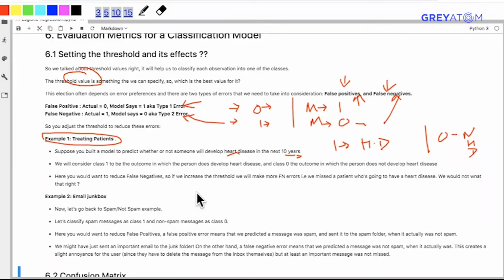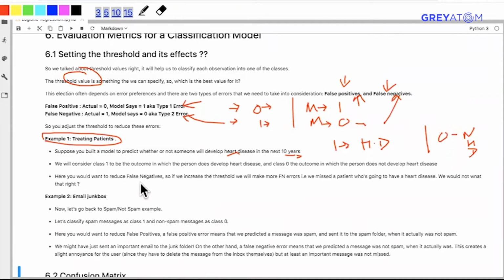Okay, I think no one wants to try, so let me just go ahead. BDM says false positive. Ankur says false negative. Someone also says type 2. So guys, here we want to reduce our false negative error. Why?